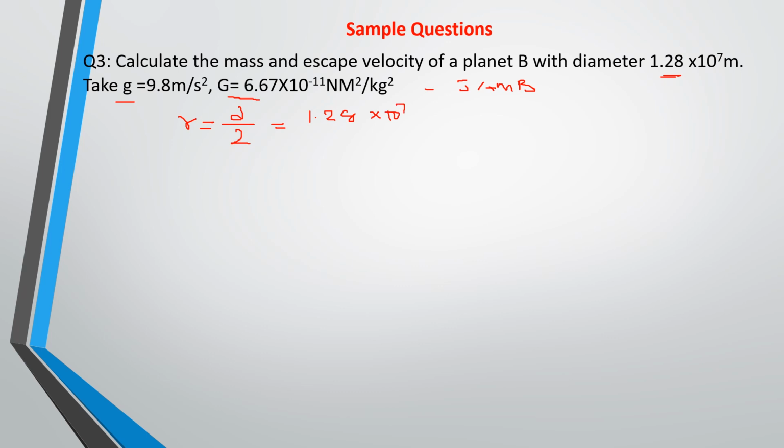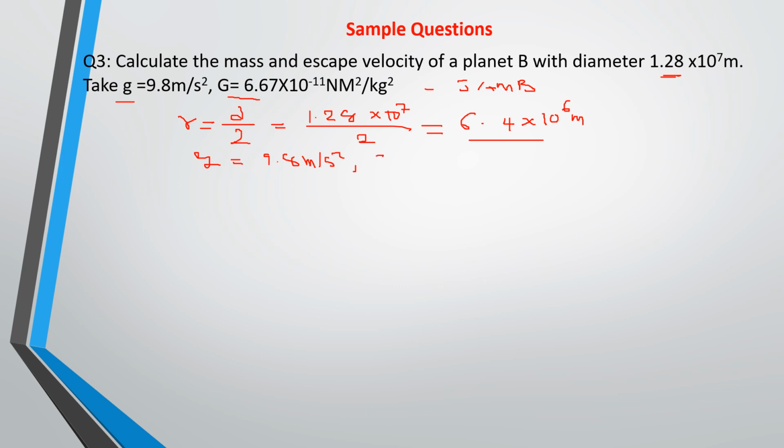So divide that by 2 so that you have your radius. This gives you 6.4 times 10 raised to power 6 meters. So this is your radius R. Then small g is given to be 9.8 meters per second squared.